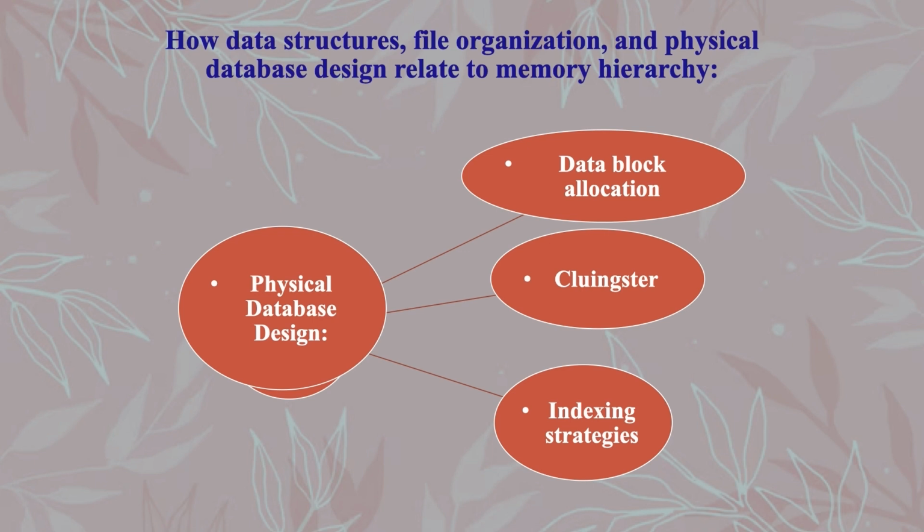Then clustering, grouping related data together on the disk to minimize disk seeks when accessing multiple related records. Then indexing strategies, designing the indexes for efficient retrieval of specific data.